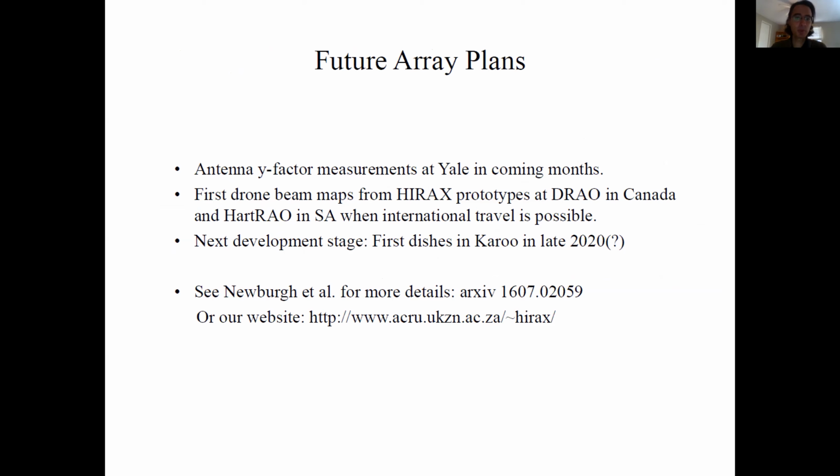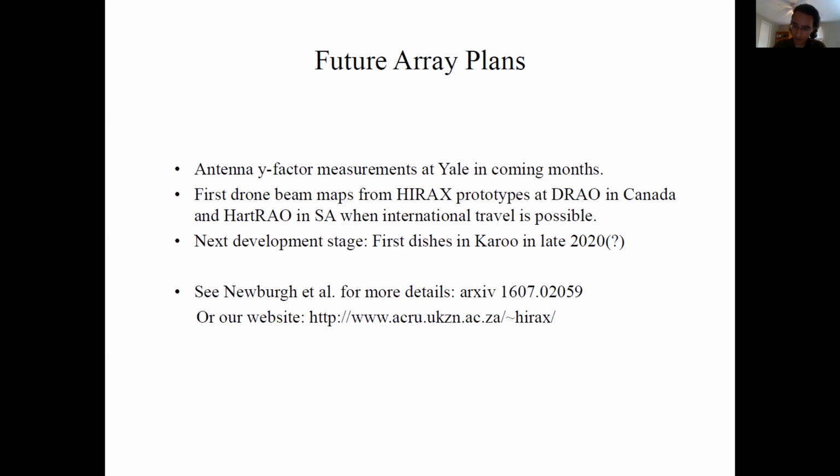The next couple of steps are taking this drone calibration system to either the HIRAX prototype dishes at the DRAO in Canada, or down to South Africa once we have dishes up there as well, and that's just all waiting on the global situation.